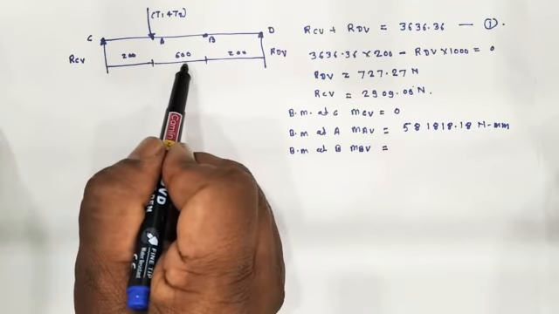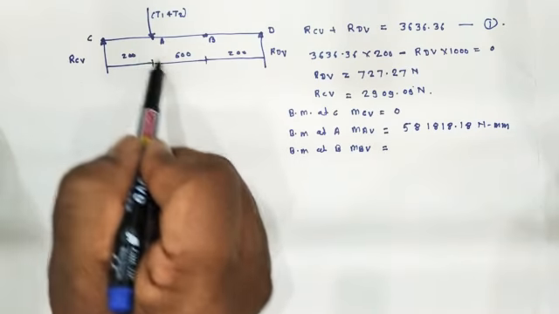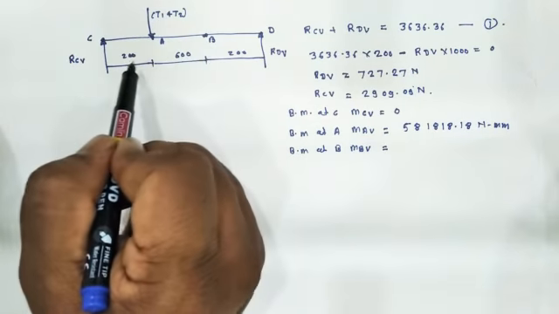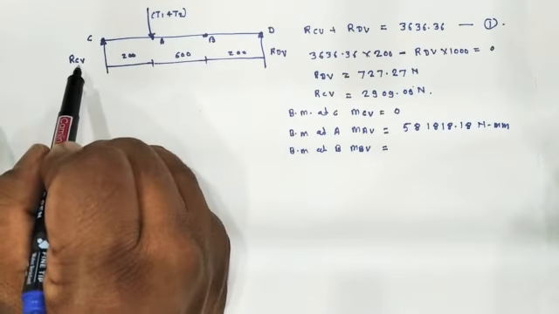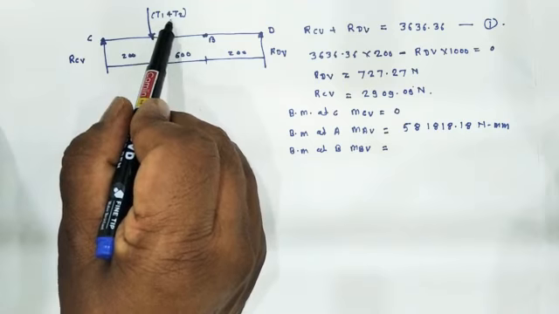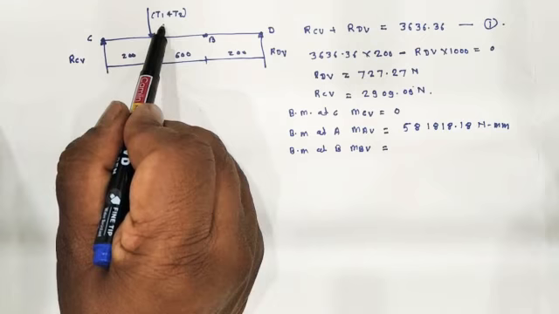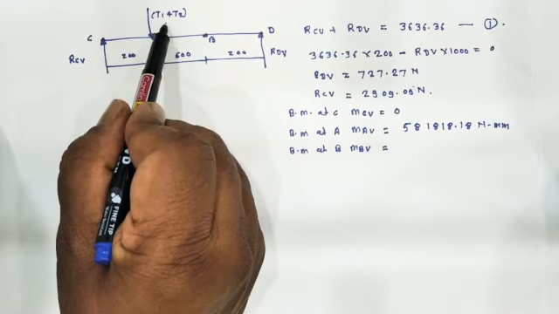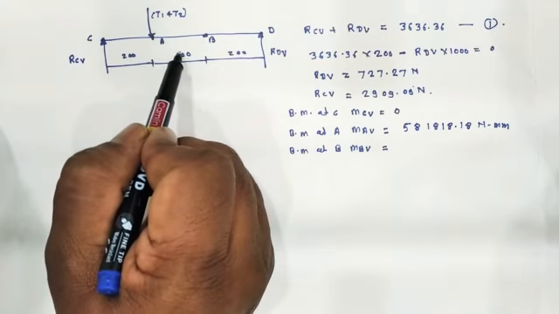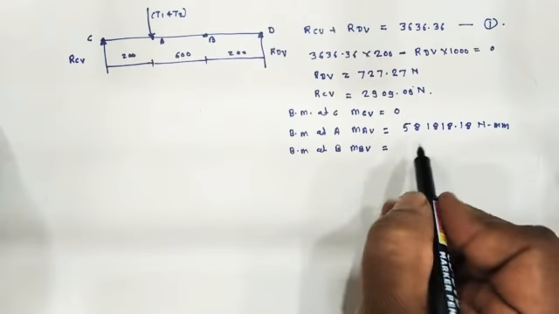Similarly, bending moment at B is denoted by MBV. This MBV at B is RCV into 800, minus T1 plus T2. As RCV is clockwise about B, it is a positive sign convention, RCV into 800, and minus the summation of T1 and T2, which is anti-clockwise with respect to B, that is 3636.36 into 600, minus because of the anti-clockwise direction.